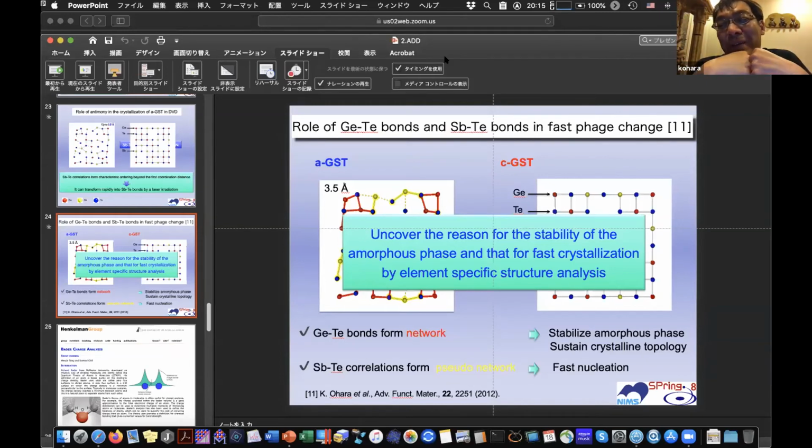So probably this atomic arrangement is the origin of the first sharp diffraction peak. So void is not a direct reason, but an indirect reason, because the atomic arrangement around voids is the origin of the first sharp diffraction peak. This is my opinion.